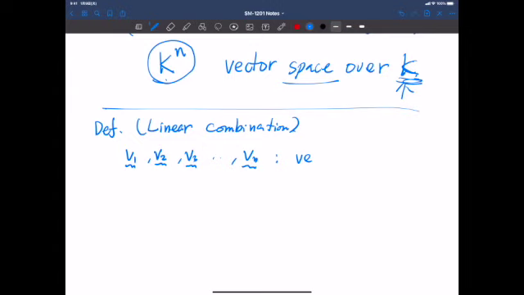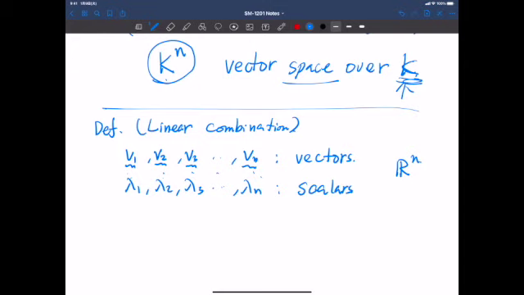If we have row vectors, we only have row vectors here. And also lambda 1, lambda 2, lambda 3, and so on, up to lambda n, are scalars. Unless otherwise stated, we only consider vectors of real numbers.